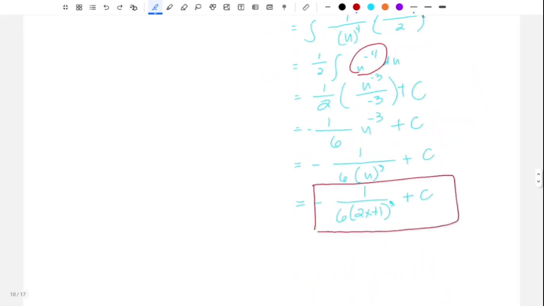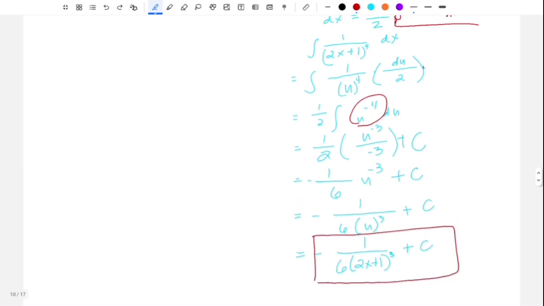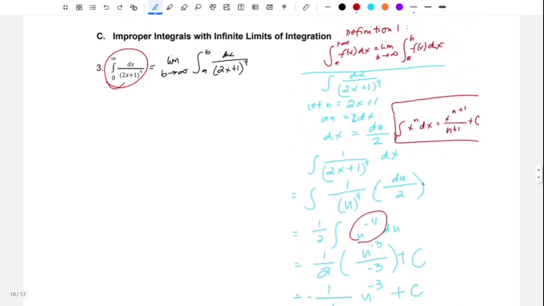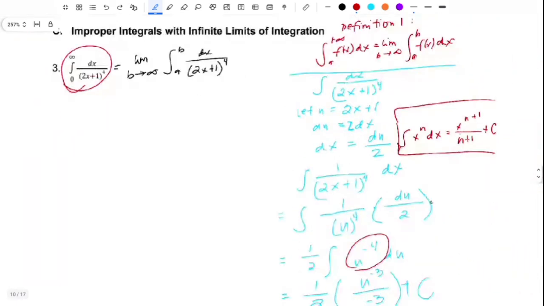Now, let's plug this into our original problem. We have the limit as b approaches infinity. Our b is infinity and our a is equal to 0.